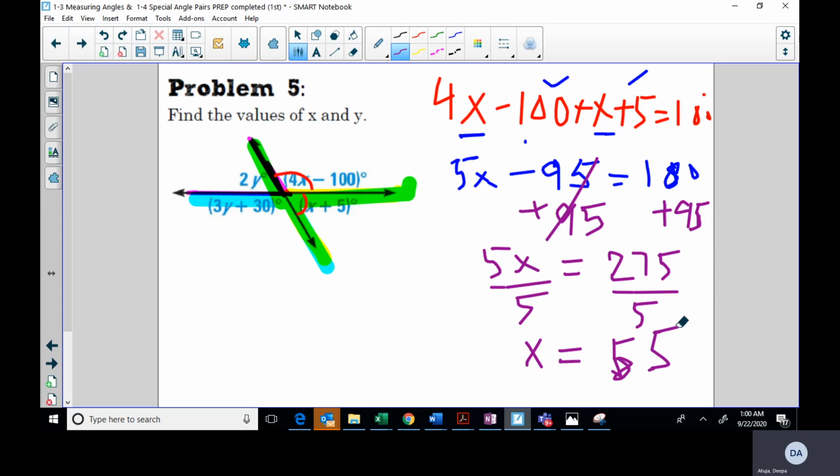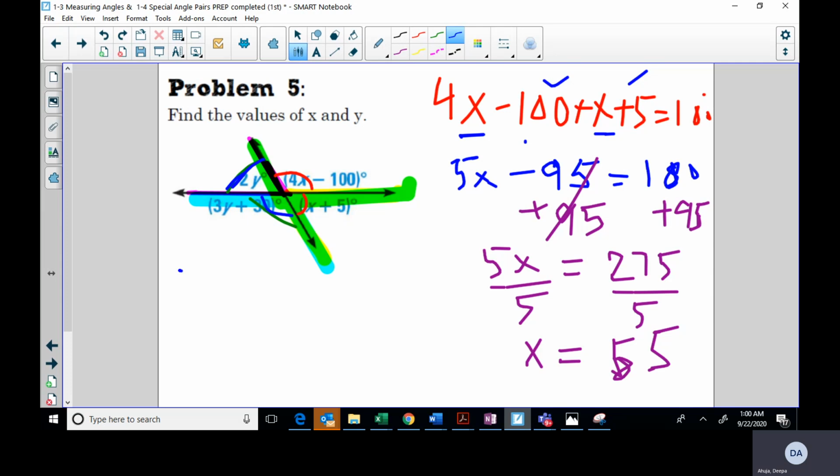Now how will we solve for y? The setup will be 2y plus 3y plus 30. Why? Because they are also forming a linear pair.